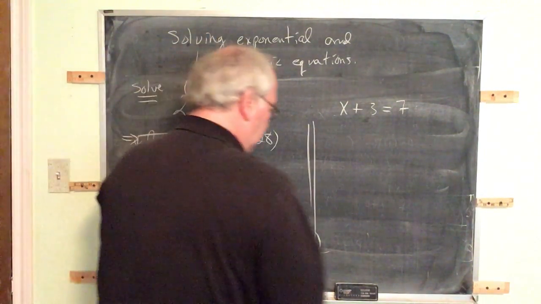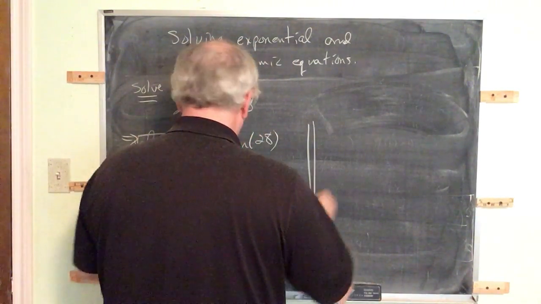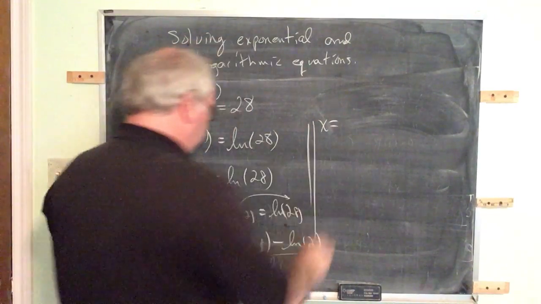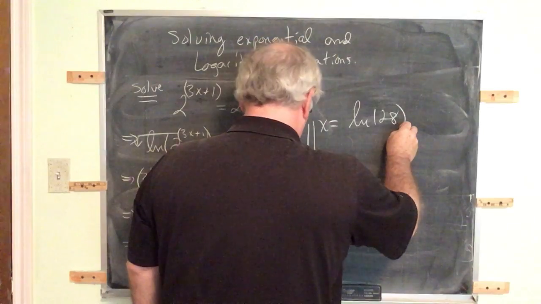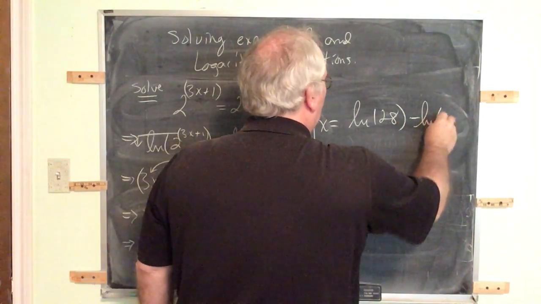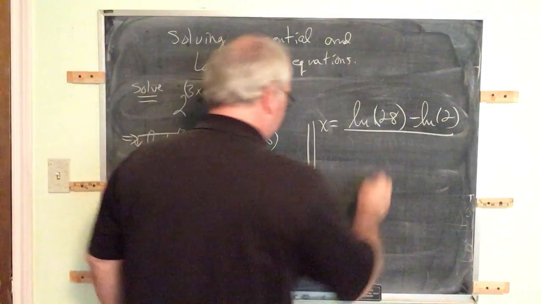And what we generate is x is equal to this numerator, natural log of 28 minus natural log of 2, over 3 natural log of 2.